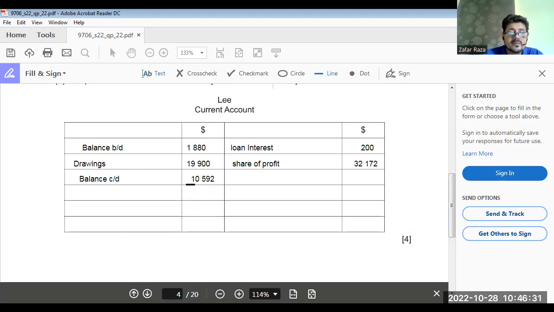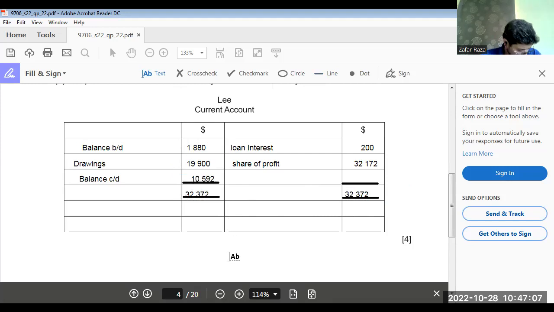Okay. Total would be on both the sides 32,372.